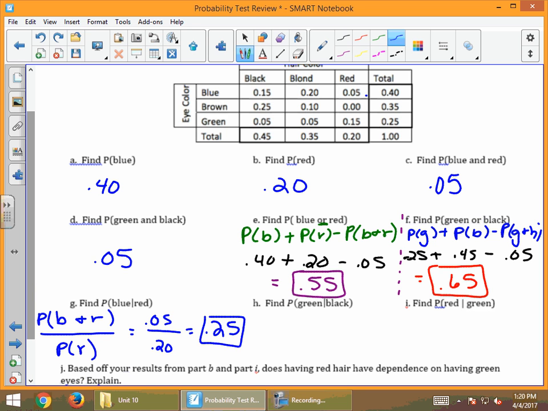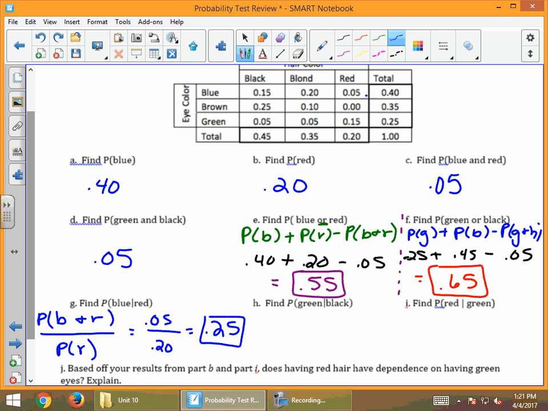Okay. Again, whenever you have a straight up and down line, you just follow that pattern. Probability of both over probability of second. It's super tempting to say, oh, probability of blue divided by probability of red. This isn't a fraction bar. This means something different. So it's probability of both over the second.